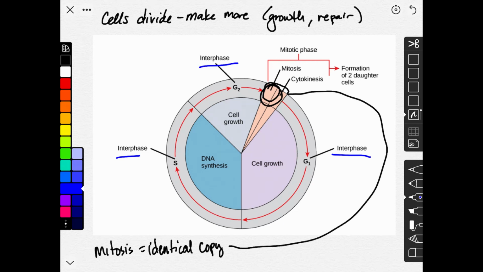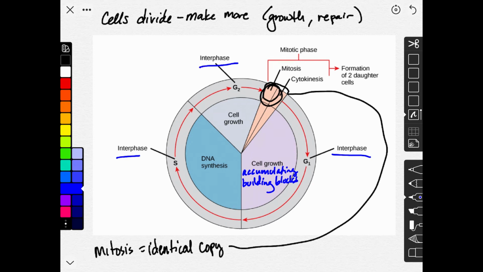And while it's this first growth stage, it's going to be accumulating building blocks. So getting materials that it needs for growth, starting to synthesize proteins and things that it needs, and basically getting ready to grow.